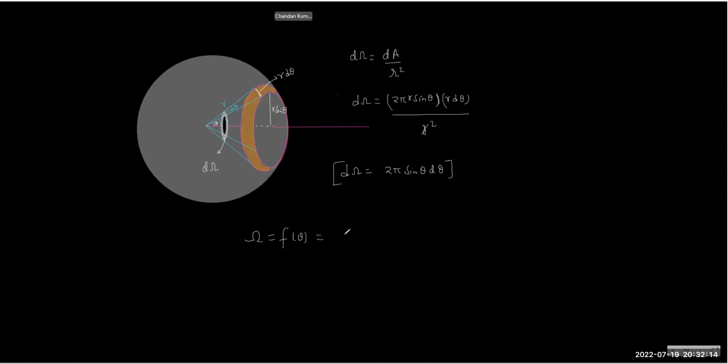So definitely I can integrate d omega, and this will become 2 pi sine theta d theta, and I want to integrate from 0 to theta. So 0 means you are here at the tip, and as you go away, it will cover more.